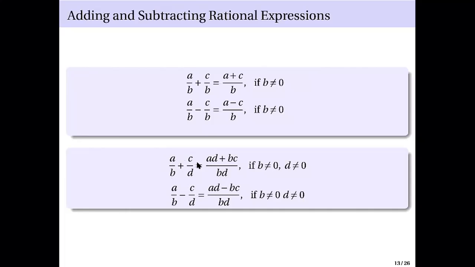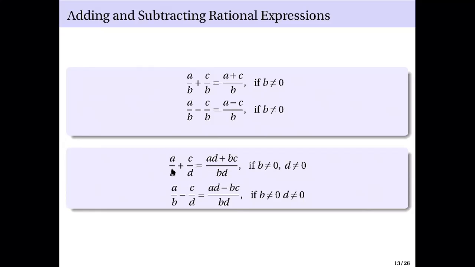For the numerator of the sum, you cross multiply. The numerator of the first addend will be multiplied to the denominator of the second addend. And then the numerator of the second addend will be multiplied to the denominator of the first addend. So you cross multiply.